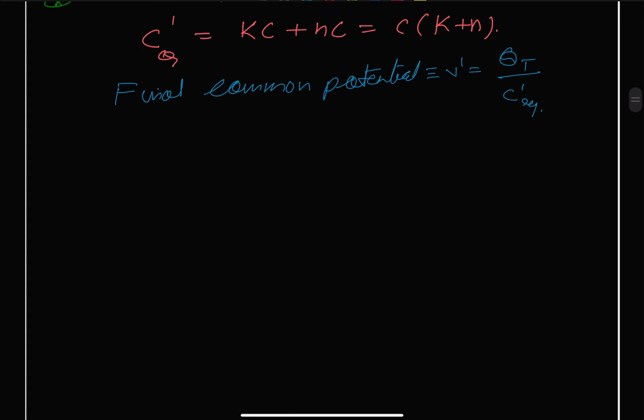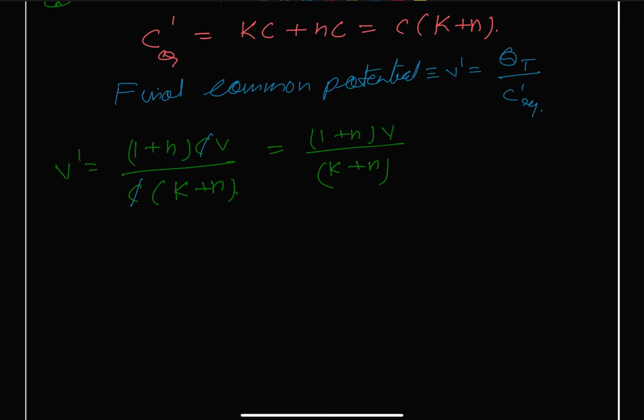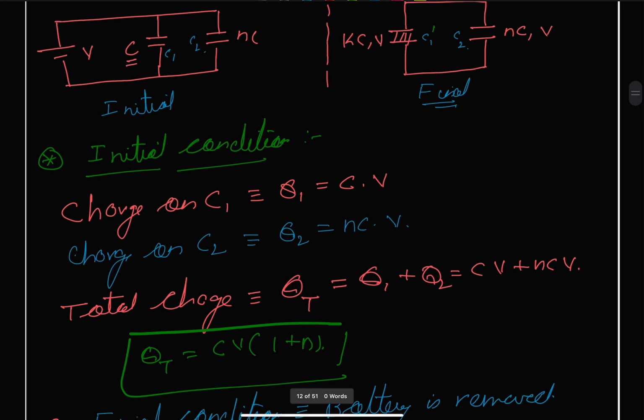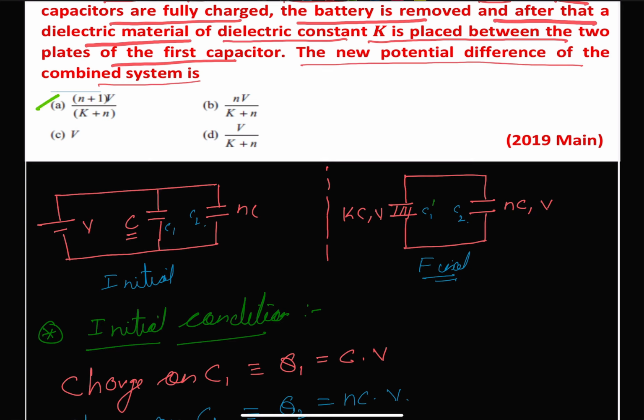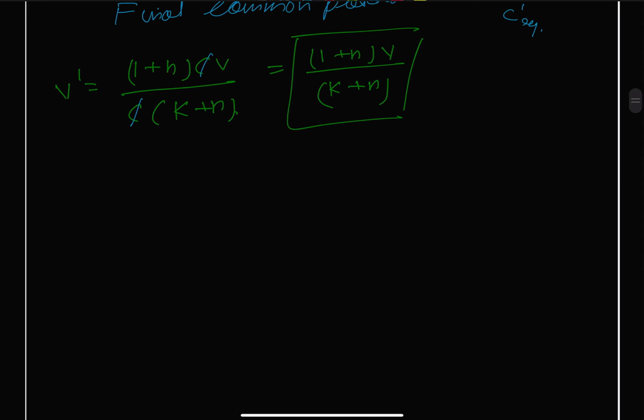So we get our V prime will be equal to Q total, which was 1 plus N times C multiplied by V, and C prime we found out as C times K plus N. Here C and C cancel out, so we get our new potential is equal to 1 plus N times V divided by K plus N. So the option that is correct is 1 plus N over K plus N, and option number A is the correct one. Option A is correct.